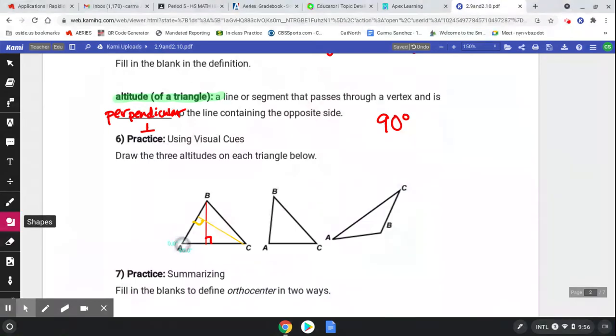So doing this final one straight down to form the 90, you're going to notice that this center is not a centroid anymore. It's off center.